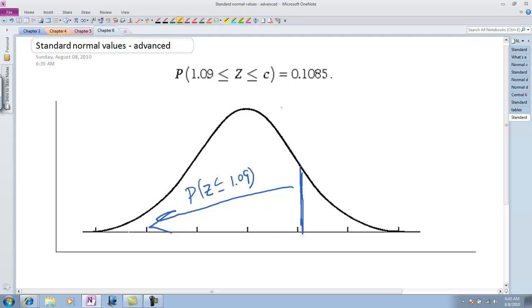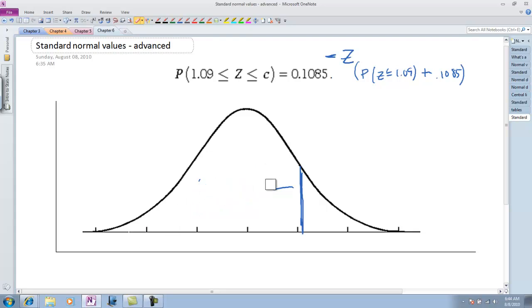And you see in my little Z that I did a second ago, that's the first thing I did. And then I added to that 0.01085. I got that result after pressing enter, and then I changed the sign. That's pretty much what you're going to do here, except instead of using buttons, I'm going to use my chart.